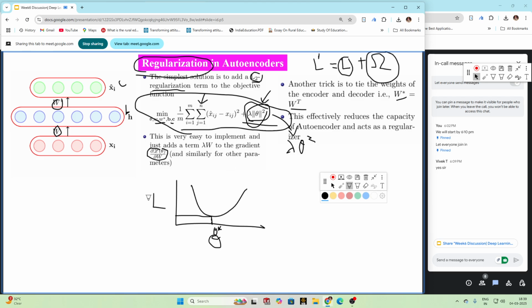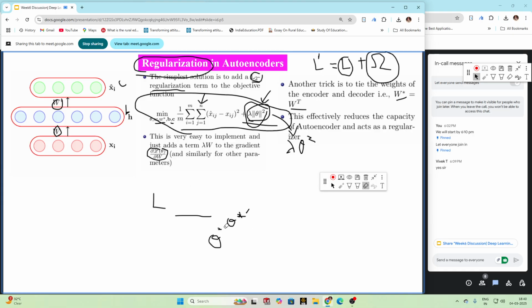Now if I change this L to L dash, for example, and my new curve is something like this, then our loss is greater, so our parameters will not be the same. So we are calculating parameters for a greater loss. That is the generalization. This is our new theta star dash, the new parameters. Okay, so this is the thing.